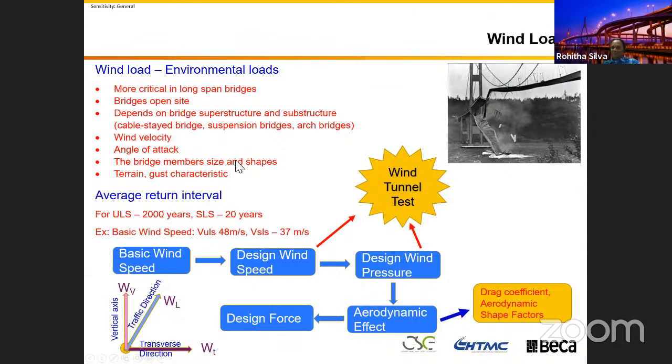For example, if you design a cable stay bridge, suspension bridge, arch bridge, even some small bridges, we carry out wind tunnel tests to understand the bridge behavior and whether the aerodynamic shapes and sections we use are right. I'm not going to discuss those things in this presentation.